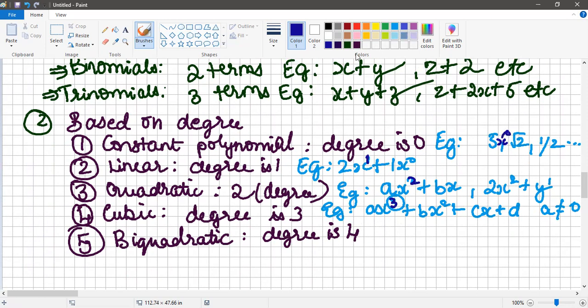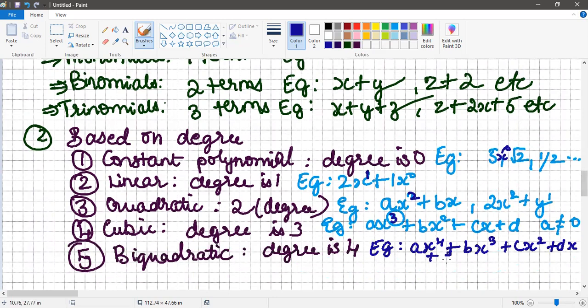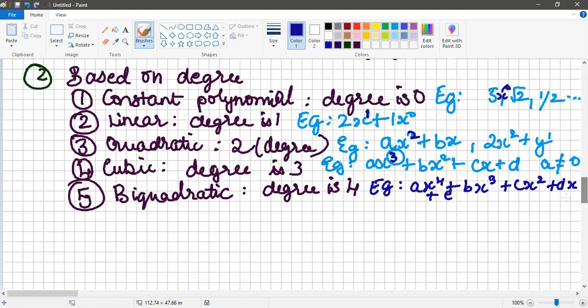Then coming back, for biquadratic, we have ax raised to 4 plus bx cube plus cx square plus dx plus e. Here again we can see that the degree is 4.